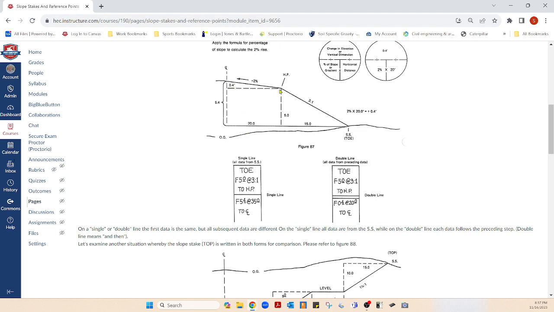Let's look and see. We have the hinge point pinpointed, and from that hinge point, we're going to fill 4/10 at 20 feet. It's just telling us that.